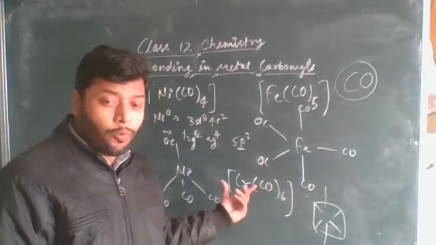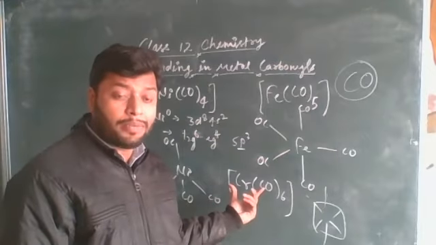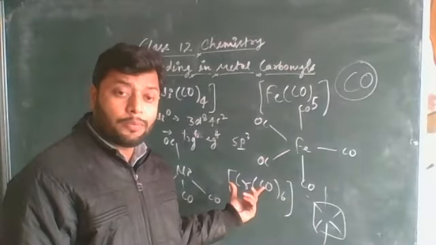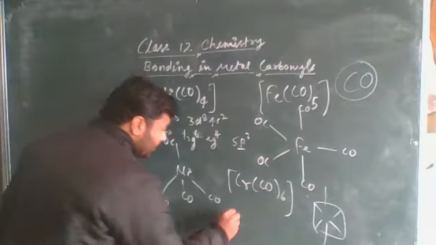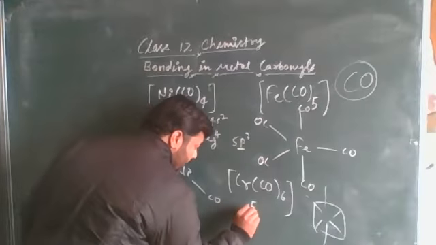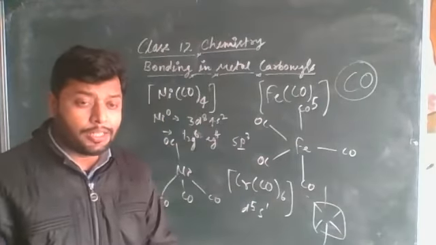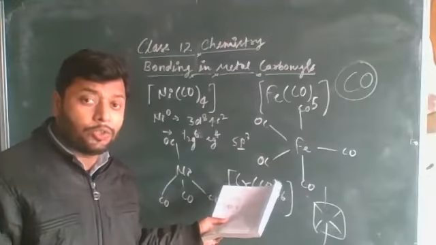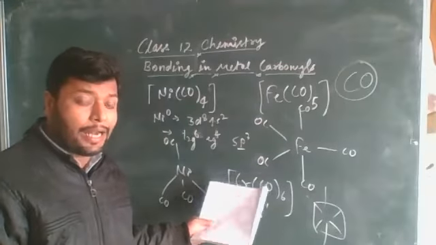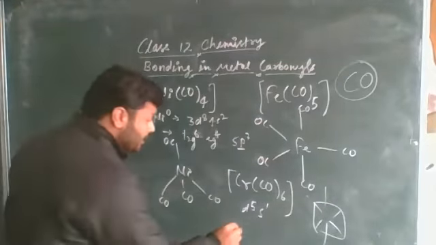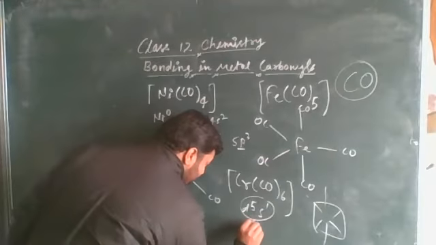What is the electronic configuration of chromium? The configuration is d5s1 in the ground state, but carbon monoxide, as you know, is a strong field ligand that will pair these electrons in the t2g set.